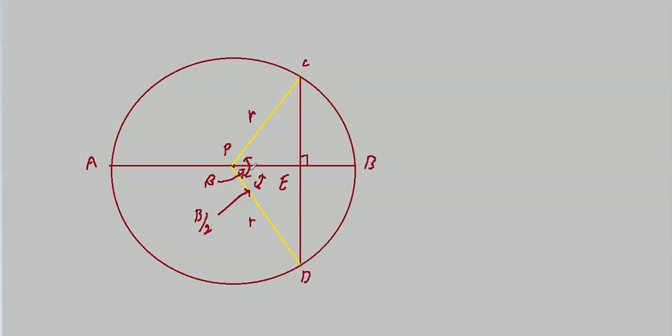Well, I went ahead and drew in a diameter here. Now we know from previous sections that you can always find a diameter which bisects the chord and is perpendicular to it. In other words, a perpendicular bisector of this chord.